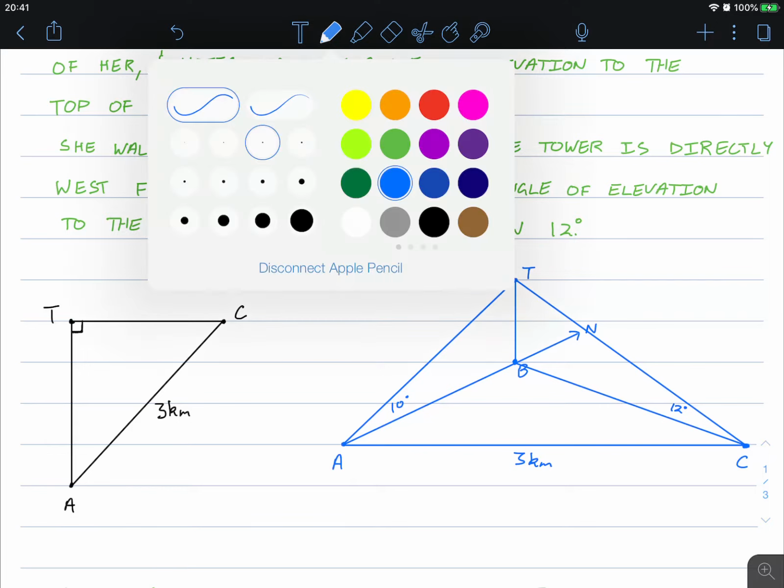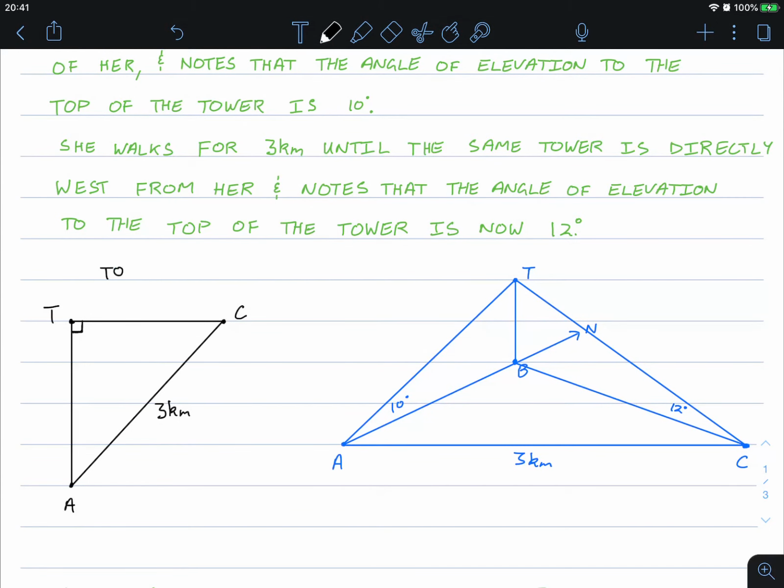So I hope you can see that this is a top view. And this here is a side view. Now, from these two diagrams, we should be able to calculate what the questions will now be asking of us.